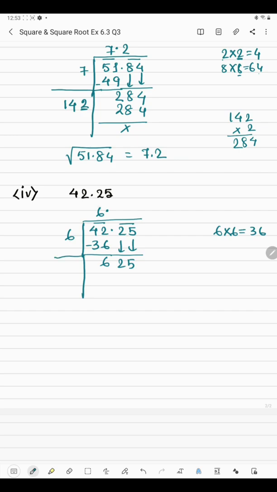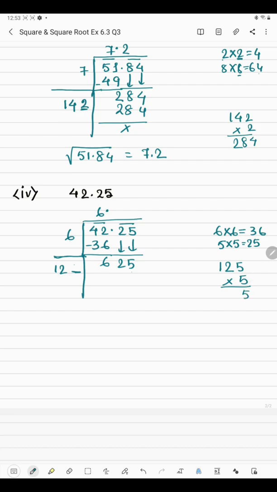So the double here we will have to write, 6 plus 6 is 12. Now what should we put here? Now last digit is 5. So that means we will have to take 5 here, because 5 5s are 25. So if you take 5 here, then it will become 125, and that number should be multiplied by 5.